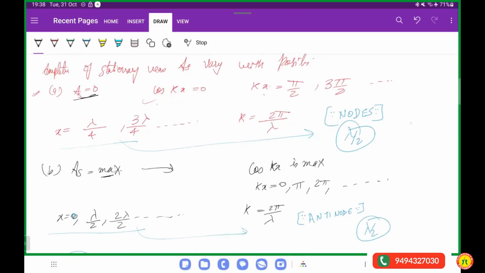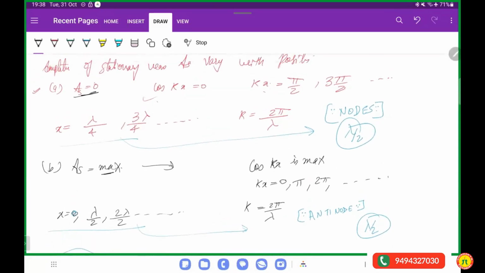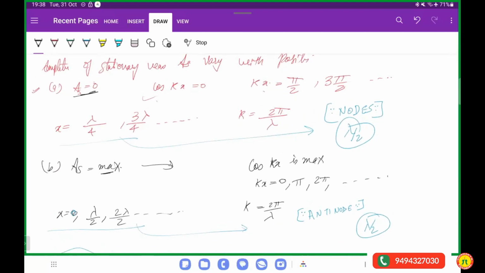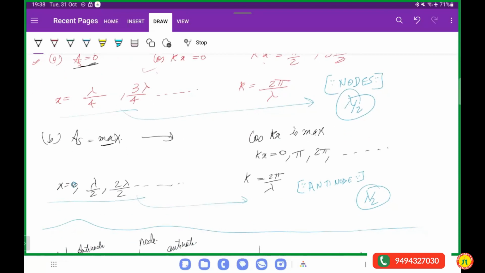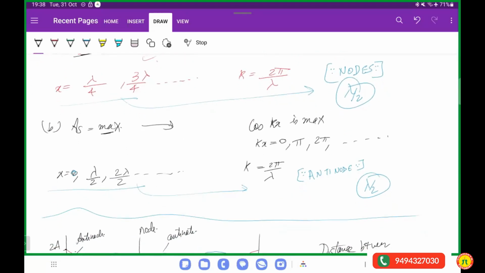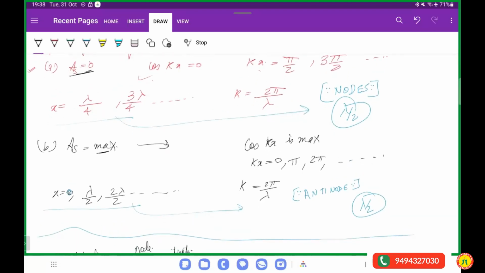For amplitude, okay? Amplitude is maximum here and minimum here. Whenever amplitude is minimum, it is called a node. Whenever amplitude is maximum, it is called an antinode.